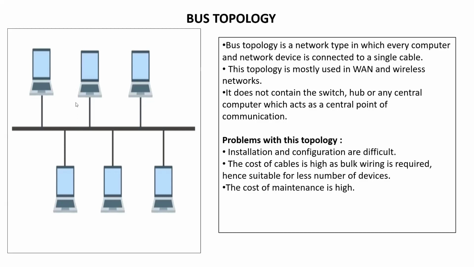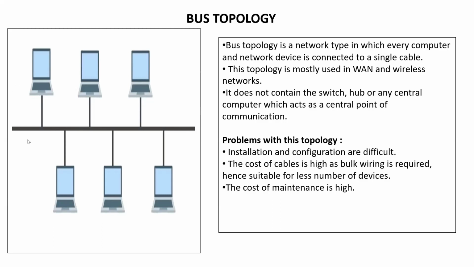So what will be the advantages? First, if the number of devices is increased, then what will happen? If I want to add more devices, more nodes, then what will be the requirement? Imagine if I want to add two or three more nodes. Just through this cable, we can directly add more devices.